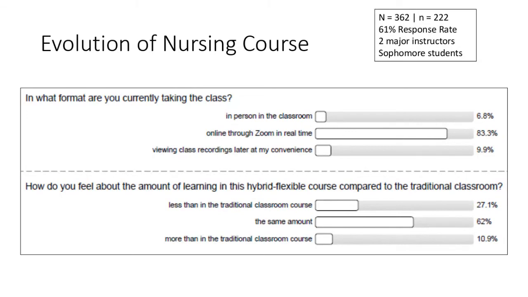And currently we have this course being taught, Evolution of Nursing. This is Nursing 212, so it's first semester sophomore year. The course is really large. The total population is 362 students.